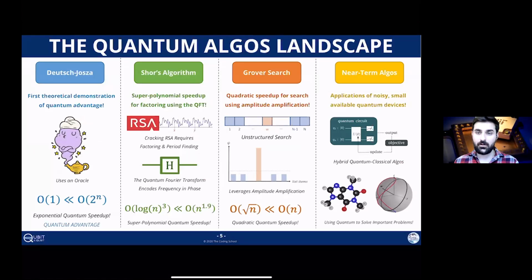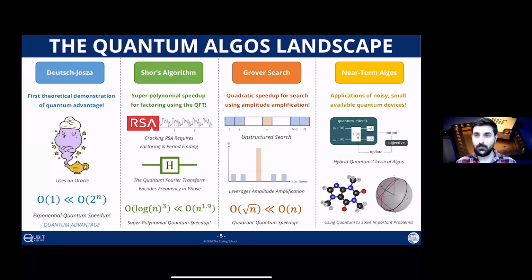The quantum algorithm landscape looks something like this. So we have the Deutsch-Jozsa algorithm, which was the first demonstration of some form of quantum advantage. Namely, in that case, for let's say a 2-qubit instance, for a function, we were able to tell if the function returns the same output regardless of the inputs, or if it returns different outputs depending on the input, with only a single inquiry using a quantum computer.